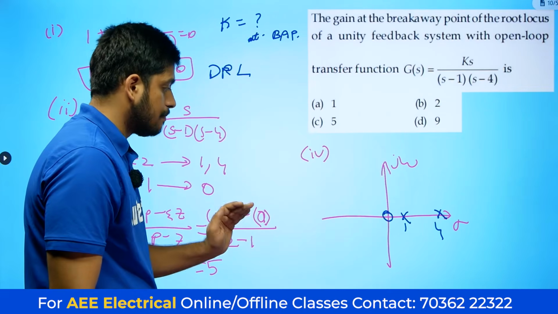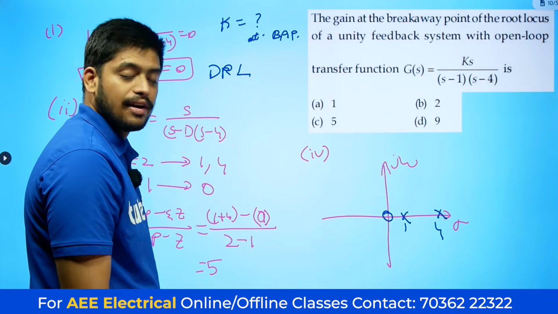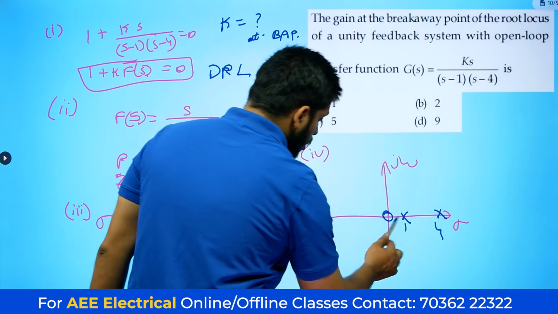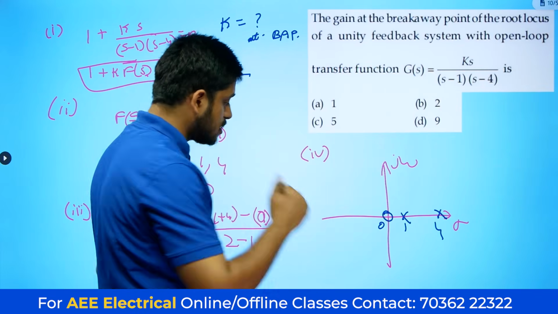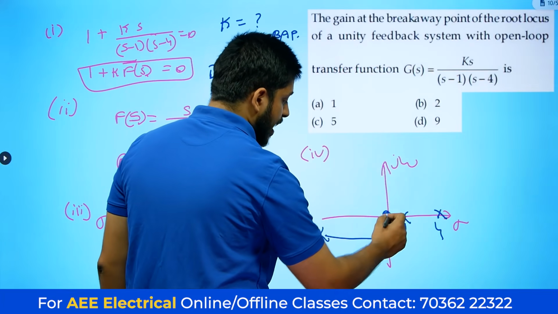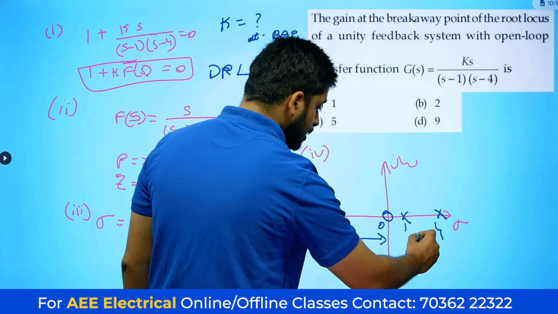From the right side of every pole, we are going to see whether the DRL exists or not. So coming from this side at 0, there are 3 poles and zeros to the right of the plane, so DRL exists at this point. Again after this there are 2, so it doesn't exist. And again between 1 and 4, yes, it exists.